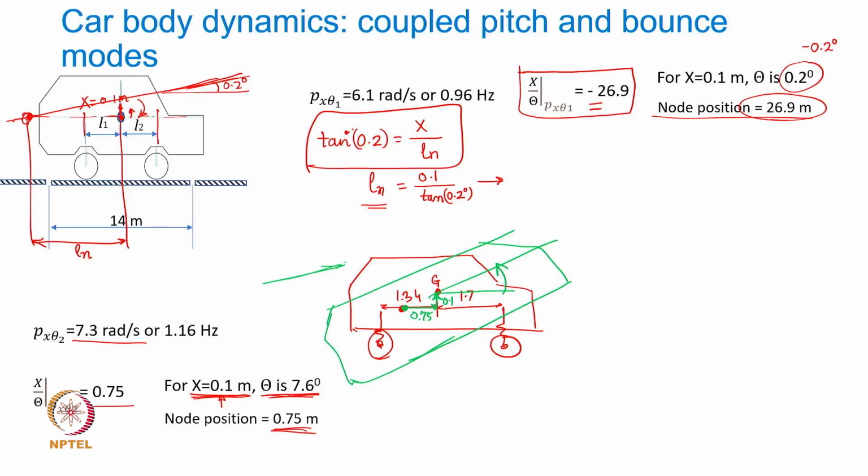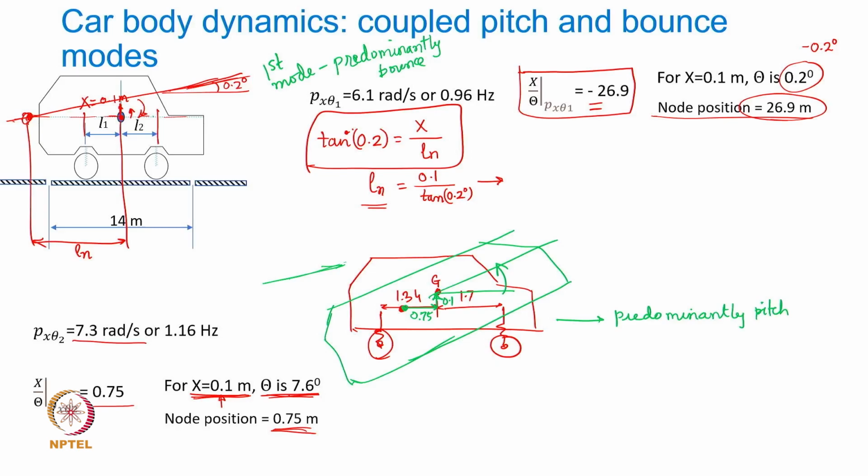Okay, so the first mode here is predominantly bounce, with very little pitch, and in this case it is predominantly pitch with very little bounce.